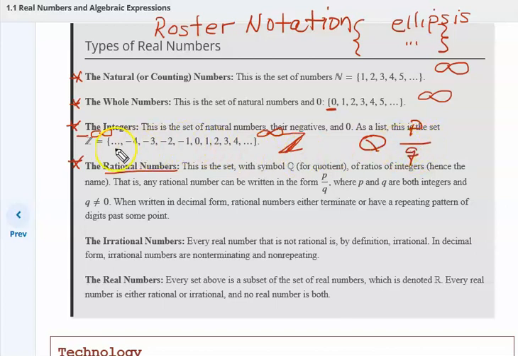These make up, along with the integers, whole numbers, and counting numbers, the rational numbers. Now I'm going to go to the white screen to show you one other thing in just a moment.